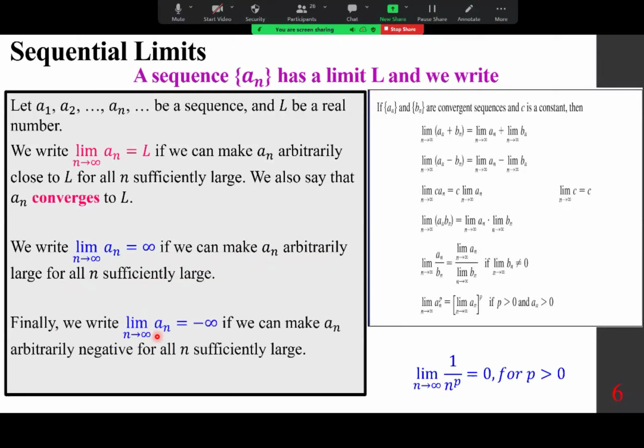Finally, we write the limit of a sub n as n approaches infinity is negative infinity if we can make a sub n arbitrarily negative for all sufficiently large n. And in these last two cases, the sequences diverge. So divergent versus convergent: convergent means you can pick a specific value, one value, and that's the limit.